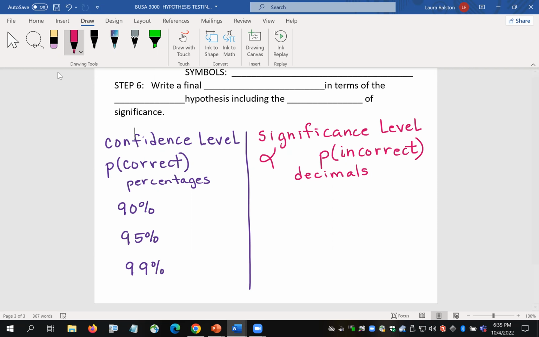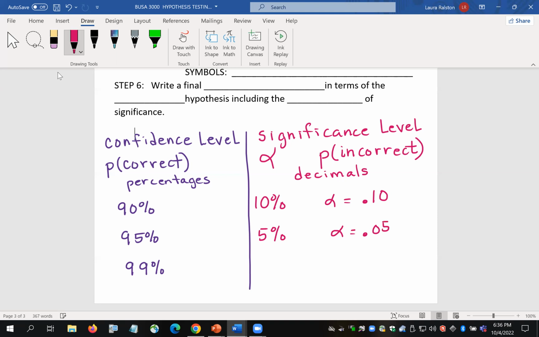So if there's a 90% chance that I'm correct, that would imply that there is a 10% chance that I'm wrong, and written as a decimal, that would be 0.10. Again, you take 10, divide it by 100, you get 0.10. A 95% confidence level, the probability that I'm correct, leaves a 5% significance level.